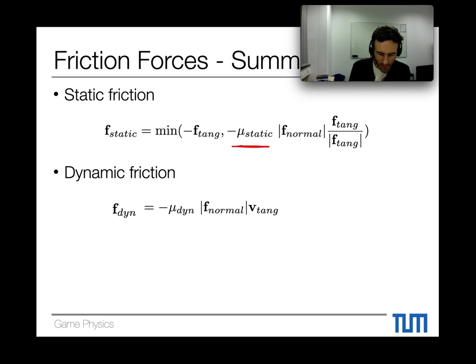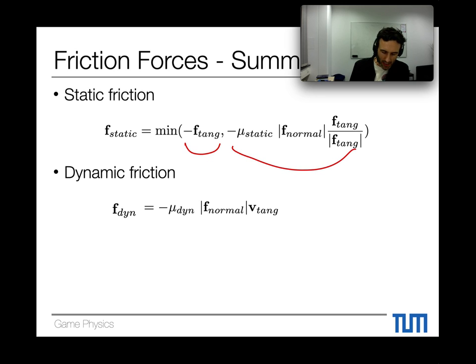So here we have this mu static factor, and now we can see here that the force we're getting out of the static force is the minimum of two things, right? This and this.